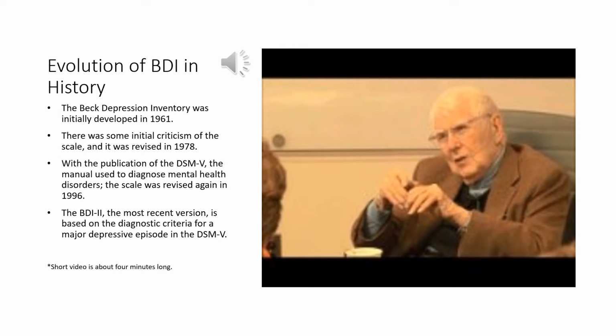There was some initial criticism of the scale, so it had to be revised in 1978. The publication of the DSM-5, the manual that diagnoses mental health disorders, caused another revision in 1996. We now have the most up-to-date version, the BDI-2, which is also based on the DSM-5. I now direct you to the video with Dr. Beck.